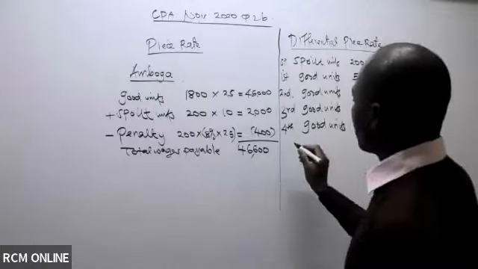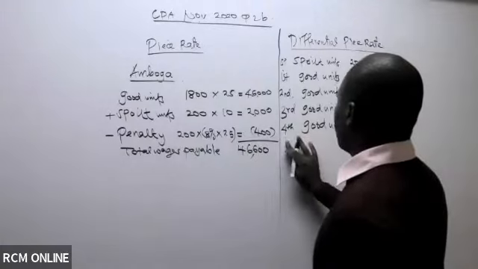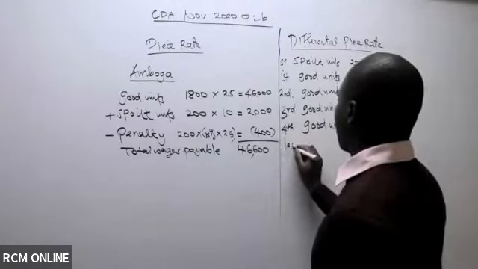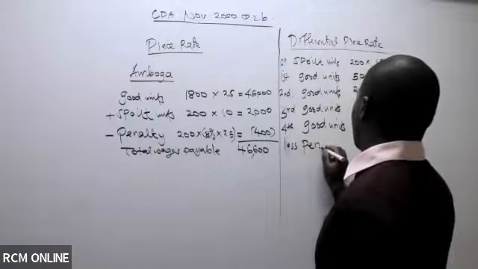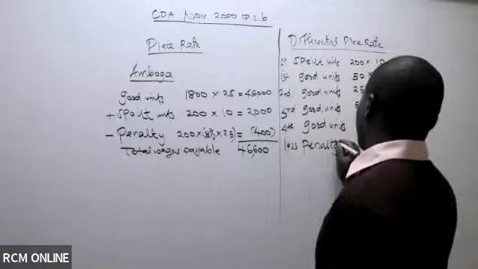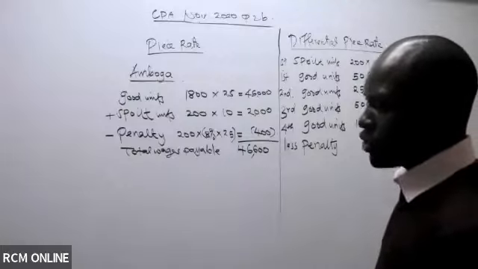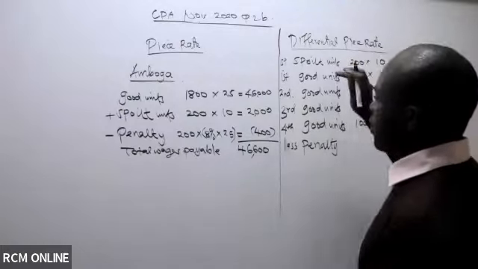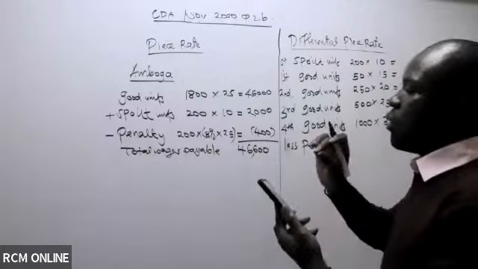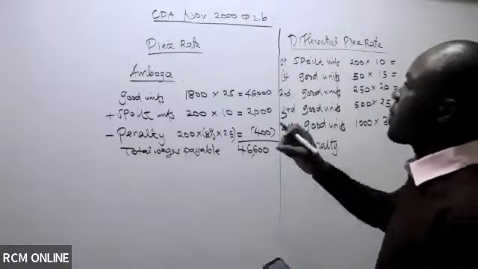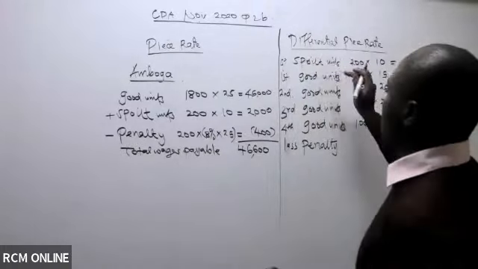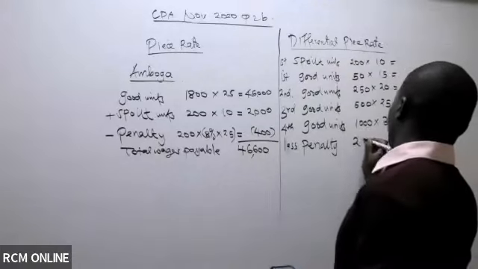But we also have to consider penalty. So we can talk about less penalty. Penalty was charged on the spoiled goods, right? The spoiled goods were 200. We have to deduct that 200 from the first bar. So in the first bar, we take the 200 units.